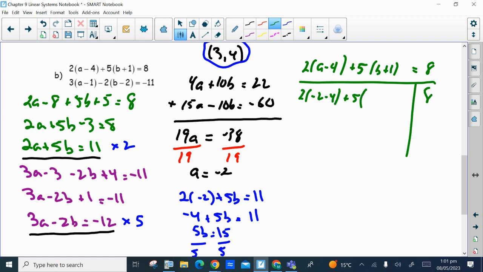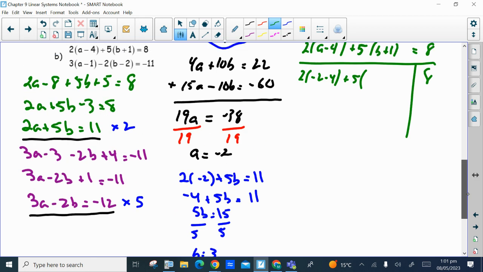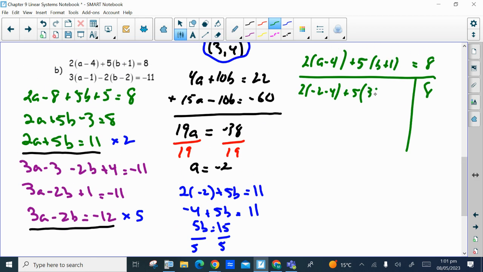B is positive 3. Negative 2 take away 4 is negative 6. 3 plus 1 is 4. Then we get negative 12 plus 20, which does equal 8. So it checks for equation 1.